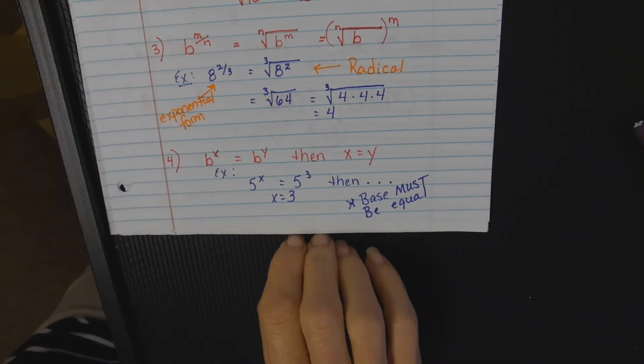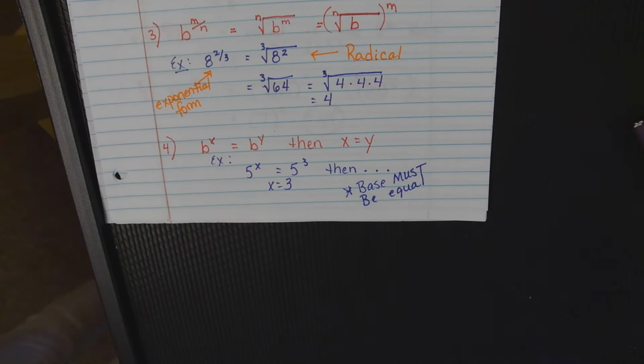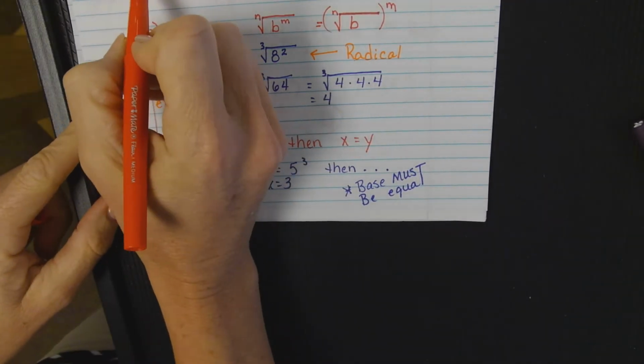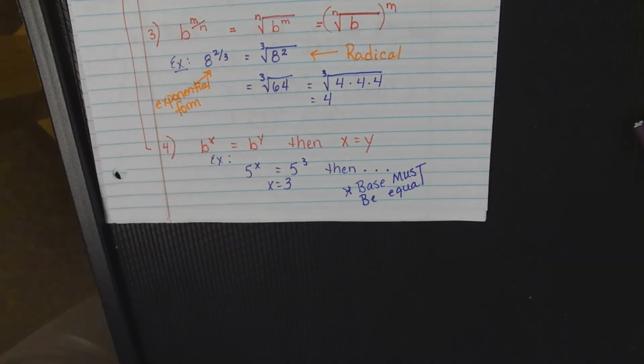If you need to go from exponential form to radical form, this is where the math comes in. Now we will be using our calculators, but you know how I am about that. Today I want us to use our minds, okay? Because you'll see. And number 4, if you can go ahead and write that one, we are not talking about 4 at all. 2 and 4 actually kind of go together. Okay.